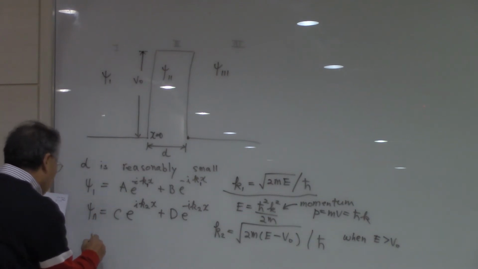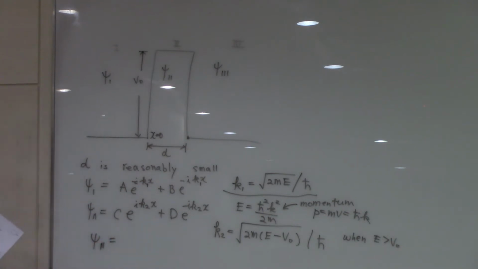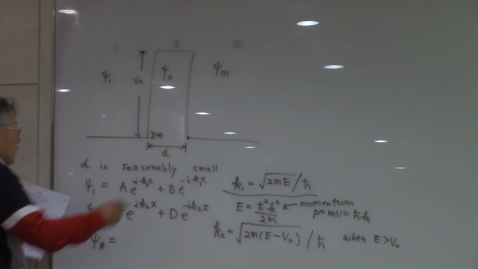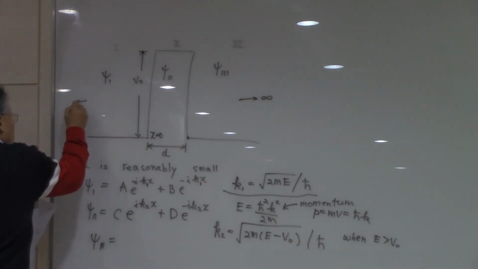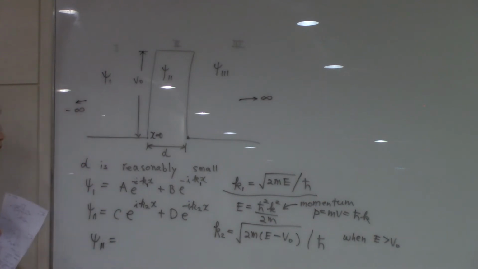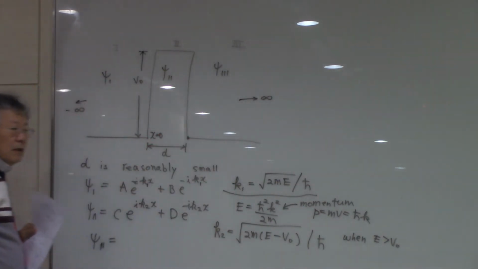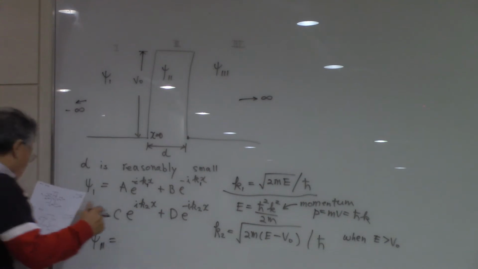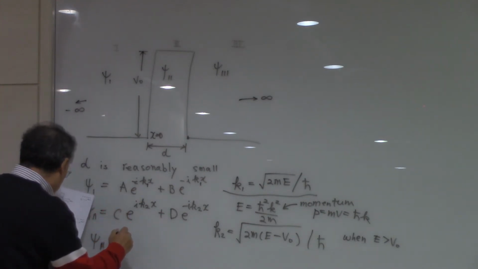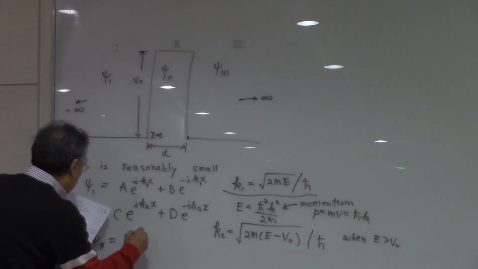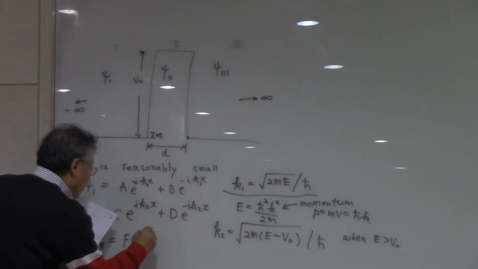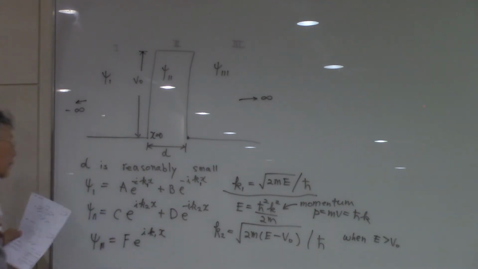Now, in region 3, the wave psi 3, since it goes to infinity in this direction, there's no reflection in region 3. So in region 3, we're going to have a wave just moving toward the positive x, which is k1 x.